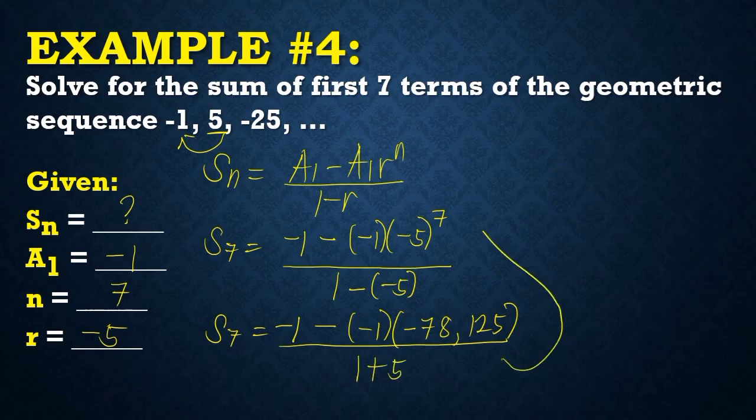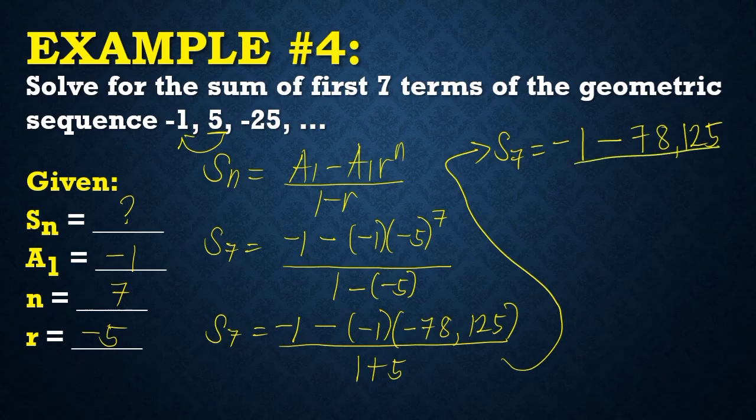And then i-rewrite lang natin S sub 7 is equal to negative 1 minus, so the product of negative 1 and negative 78,125, that is 78,125. And then all over 6, 1 plus 5. So S sub 7 is equal to negative 1 minus 78,125, that is negative 78,126.